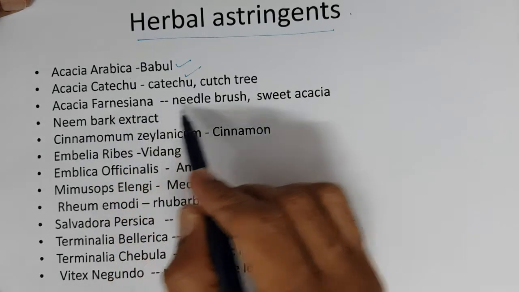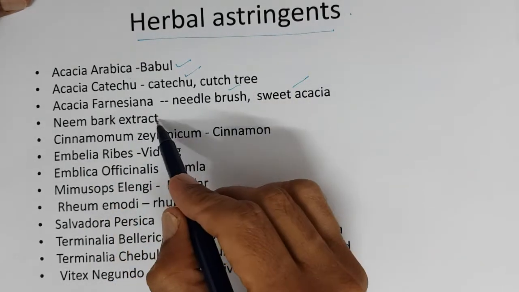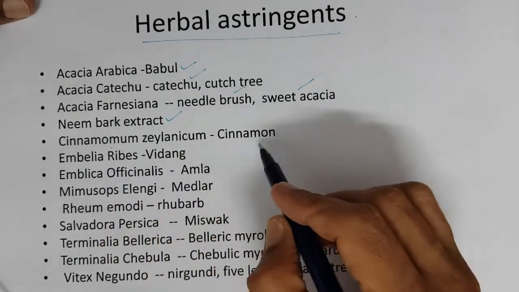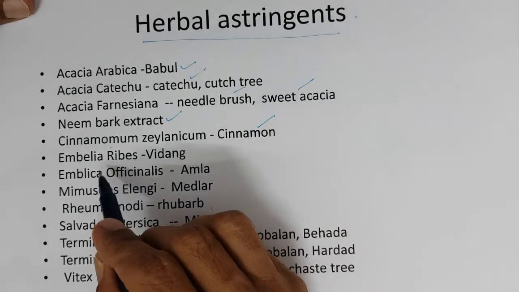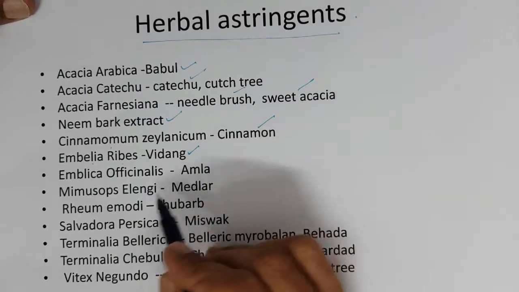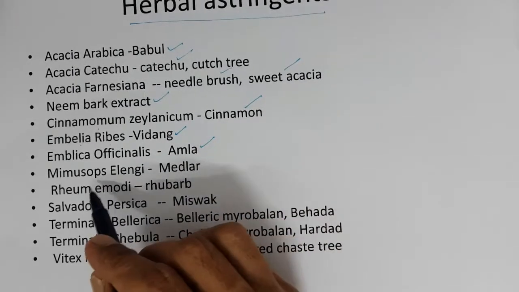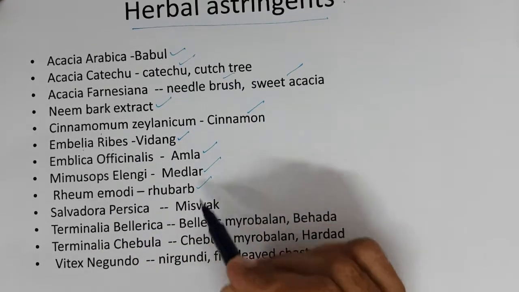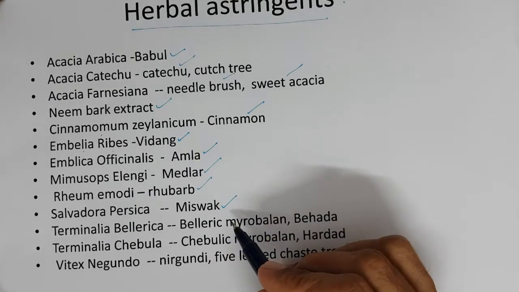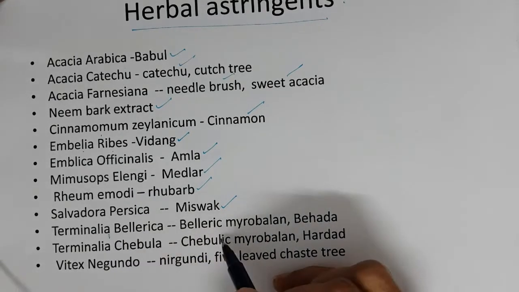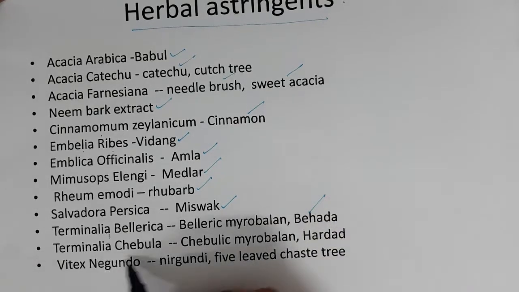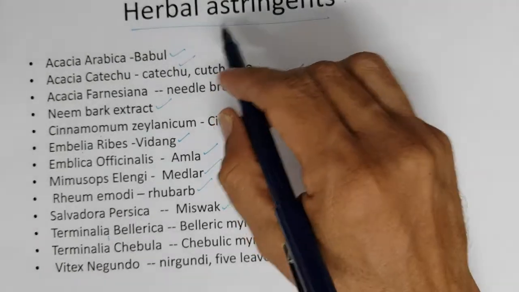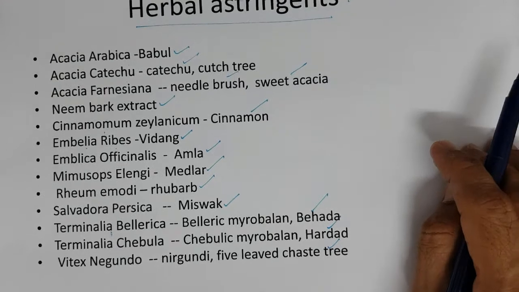Acacia farnesiana, needle bush, sweet acacia, neem bark extract, okay, Cinnamomum zeylanicum bark extract, okay. Then Emblica, amla, no, Mimosa elengi, medlar, rhubarb, miswak. Miswak is a very good astringent. Terminalia bellerica, no, beheda, that's also bahula. Then five-leaf chaste tree. These are all good astringents.